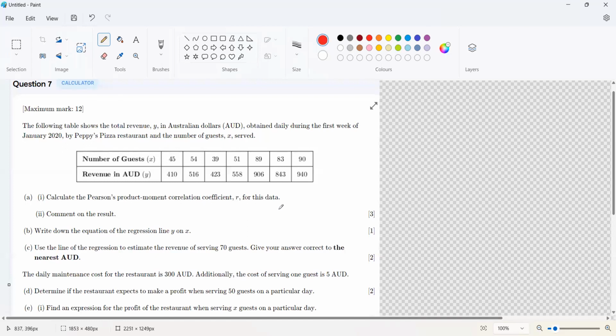You can use the stat mode. List 1 would be number of guests. List 2 would be revenue.